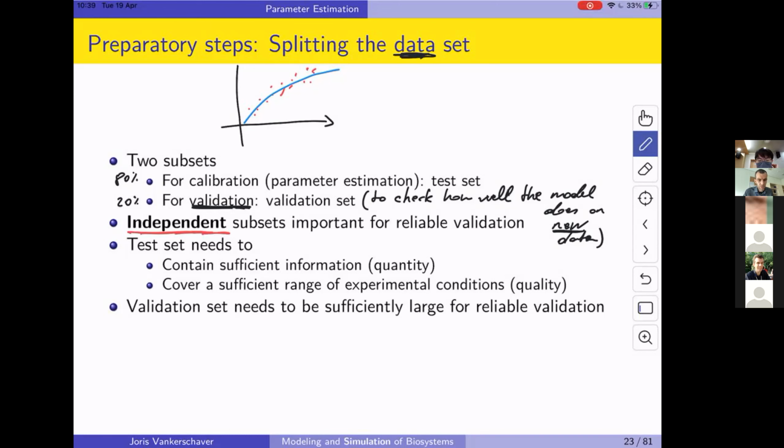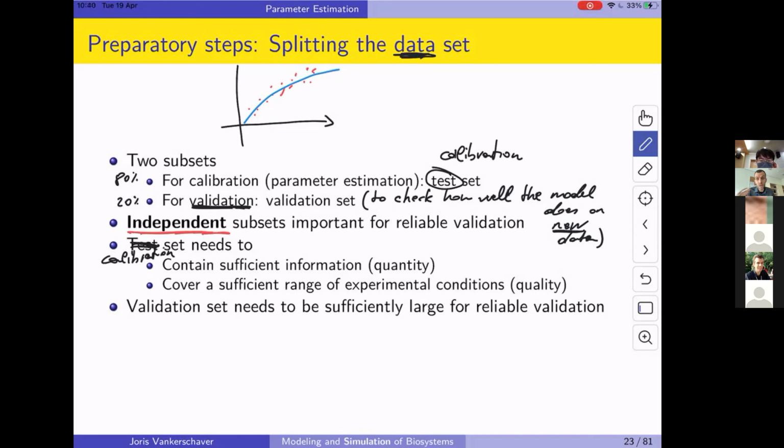And I just see a question in the chat. Yeah, so maybe just one thing about terminology. So here the question is, so we say test set. Let's maybe change this terminology and let's call this the calibration data set.